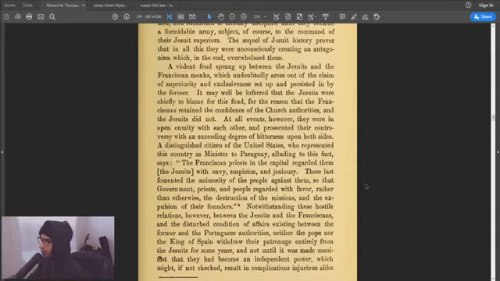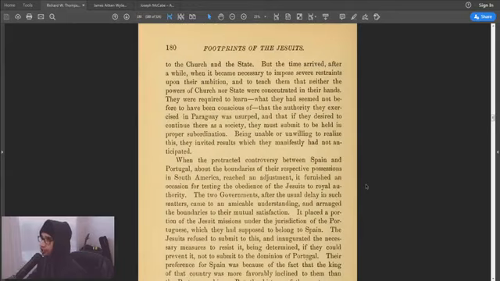And not until it was made manifest that they had become an independent power, which might, if not checked, result in complications injurious alike to the church and the state. But the time arrived after a while when it became necessary to impose severe restraints upon their ambition and to teach them that neither the powers of church nor state were concentrated in their hands.